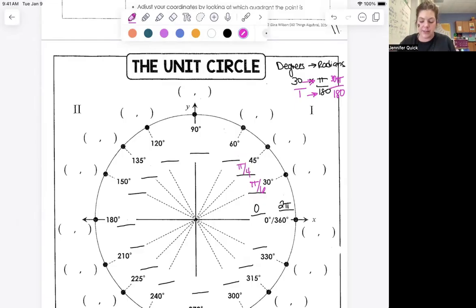And then I would just keep going. Pi over 3, pi over 2, 2 pi over 3, 3 pi over 4.